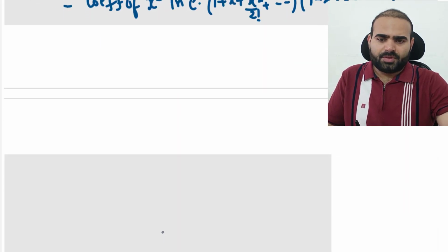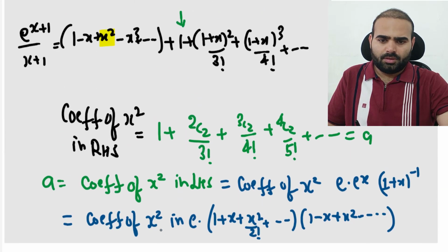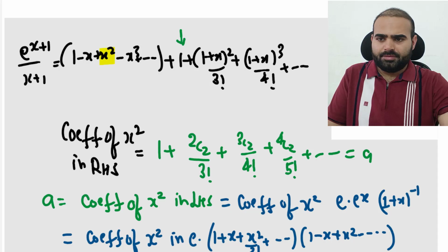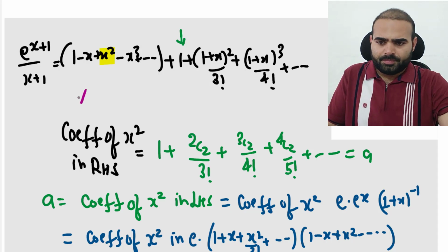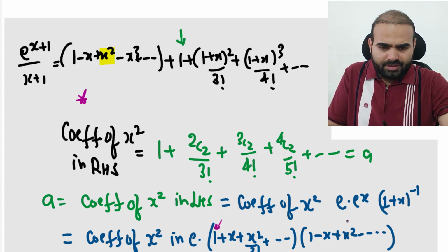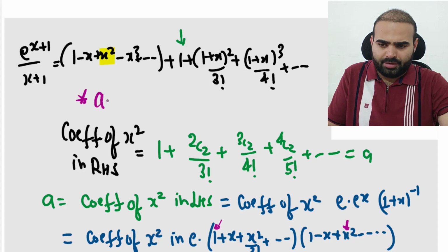Now you can see we can get the coefficient actually. How? Let me write here itself by using the red color. So you can see corresponding to 1 we will get 1 only. That is, e into the required value of a will be e into 1.